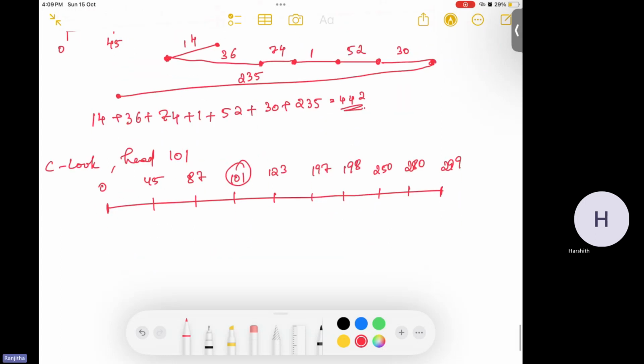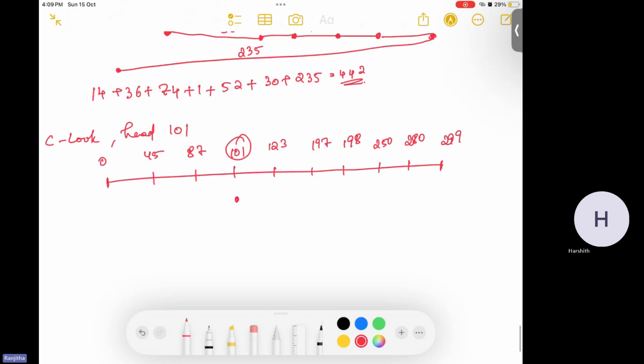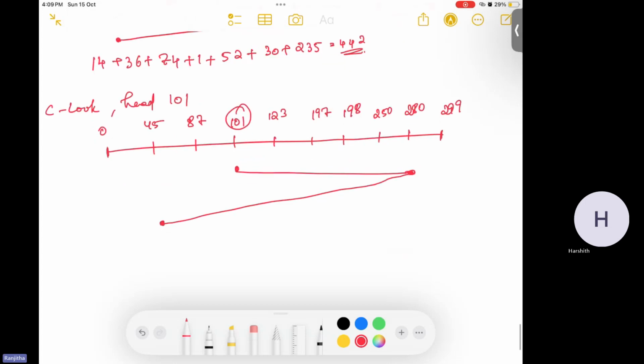It is C-LOOK. So we'll start from 101. We'll go all the way till 280. Then it is cyclic, so it will come back to 45. But in this direction, there will not be any reading, and then it will go to 87.